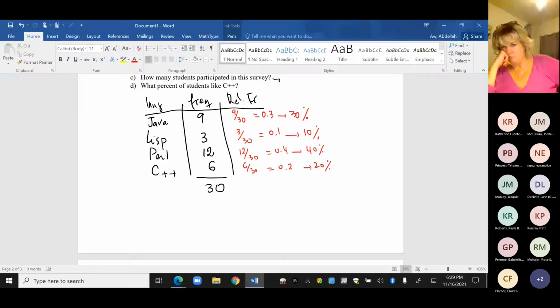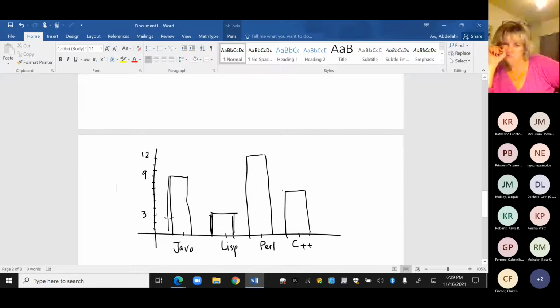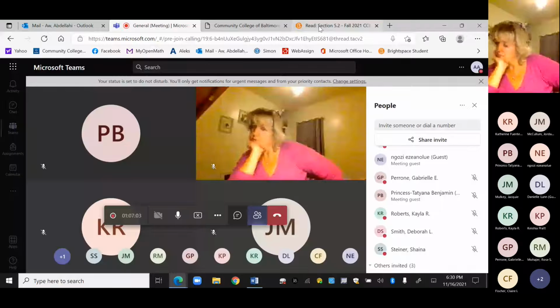That is exactly the relative frequency, 20%. And since the question says what percent, your answer must be a percent. That is how to represent categorical data.